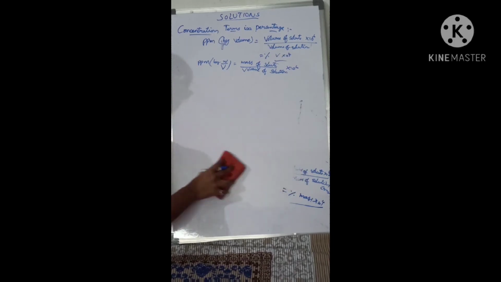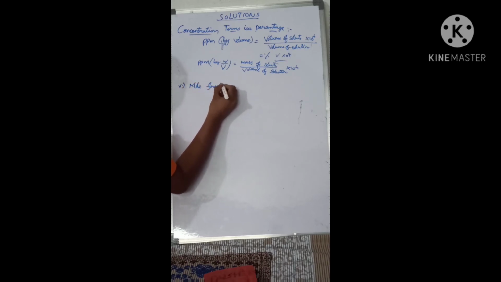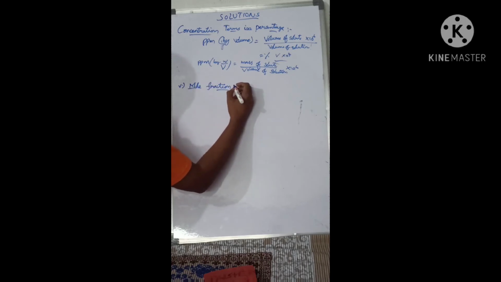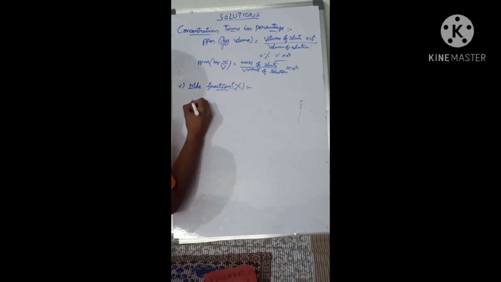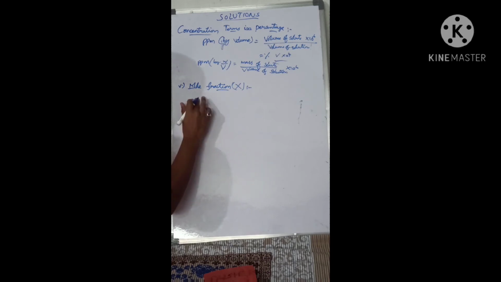Next we are going to discuss mole fraction. Mole fraction is denoted by the capital letter X. It is defined as the ratio of the number of moles of one component to the number of moles of all the components present in a solution. For example, if you take a solution, there is solvent, and we added some solute to this.